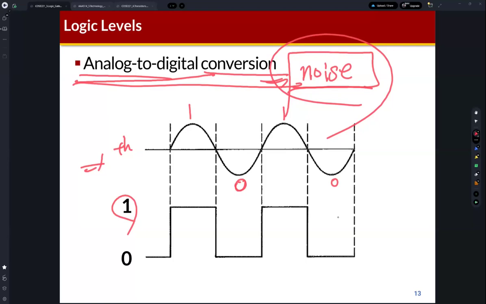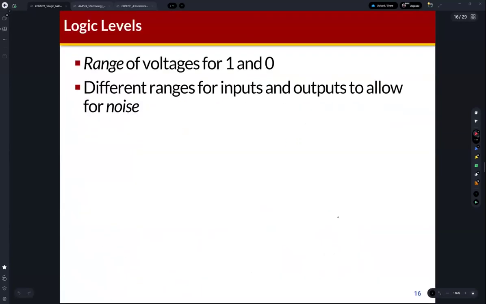Even though noise is included in the original signals, the output of the digital circuit usually does not change. This is the benefit of digital design.